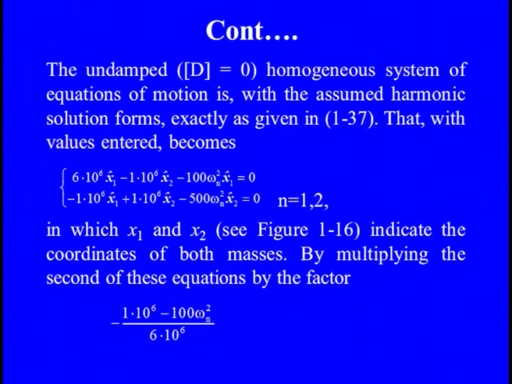And by multiplying these things, we see it is equal to minus 1 into 10 to the power 6 minus 100 omega n square divided by 6 into this. When calculating this, we can easily figure out how the masses are displaced at the first natural frequency 6.48 or at the second natural frequency 39.1 hertz.